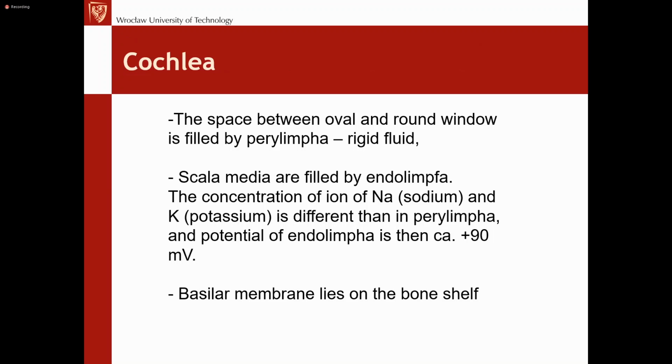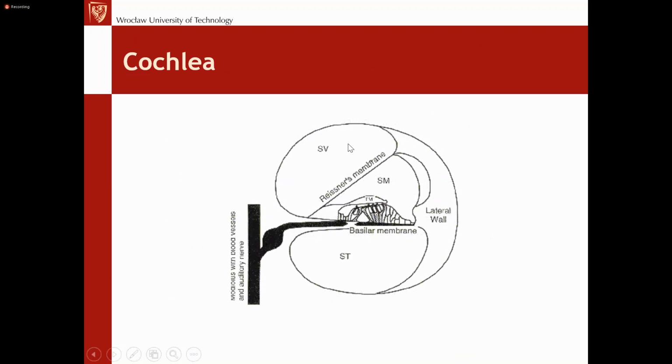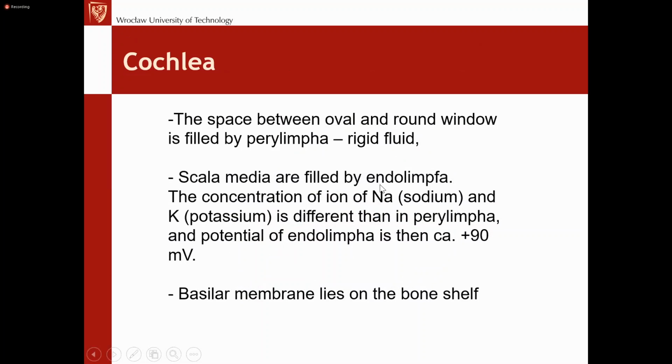And scala media is filled, as you remember, the scala media is in the middle of the cochlea, and it is filled by endolymph, and the concentration of ions of sodium and potassium is different than in perilymph.